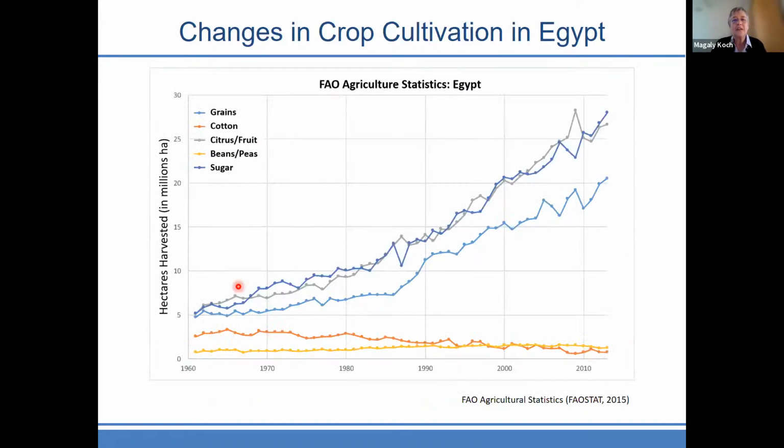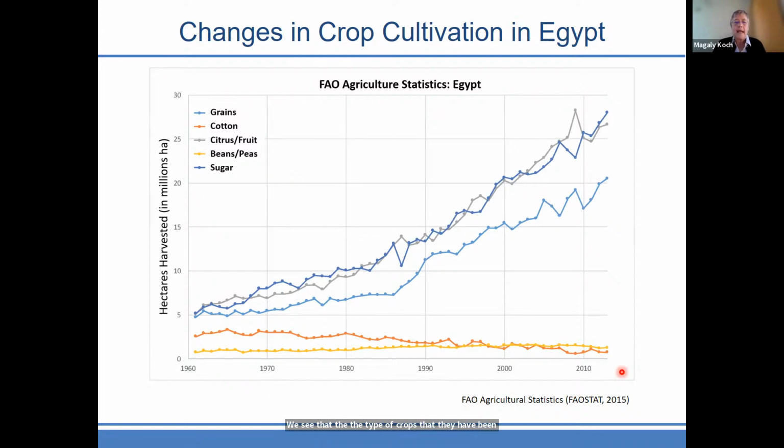Now, if we look at the history of agriculture in Egypt, and this is the recent history from 1960 to, let's say, 2010 or 2015, this graph is from 2015, we see that the type of crops that they have been cultivating has changed.